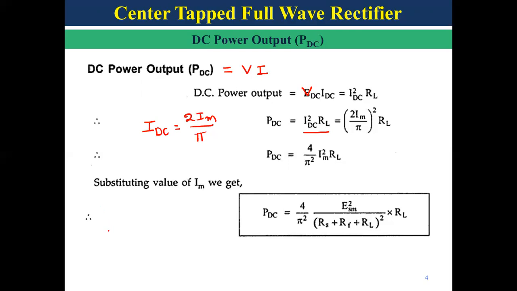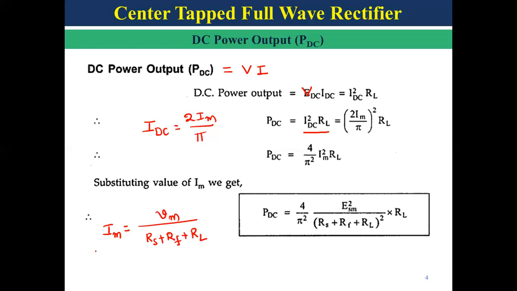And we already calculated the peak value or maximum value of the load current, Im equal to Vm by Rs plus Rf plus RL, where Rs is the secondary winding resistance, Rf is the diode forward resistance, and RL is the load resistance.